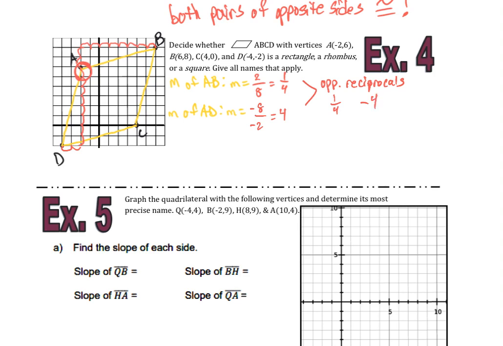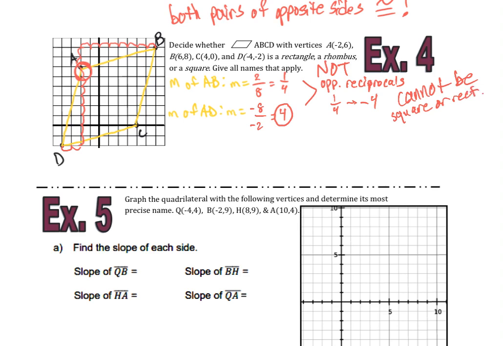So the opposite reciprocal would be -4, which means if this slope here, the one I'm circling, were -4, then these would be perpendicular, and there would be a right angle, and you could say it's probably a rectangle or a square. But in this case, the slope is not -4, it is a +4. Therefore, these are not opposite reciprocals, so it cannot be a square or rectangle. Okay, which means it's probably a rhombus.